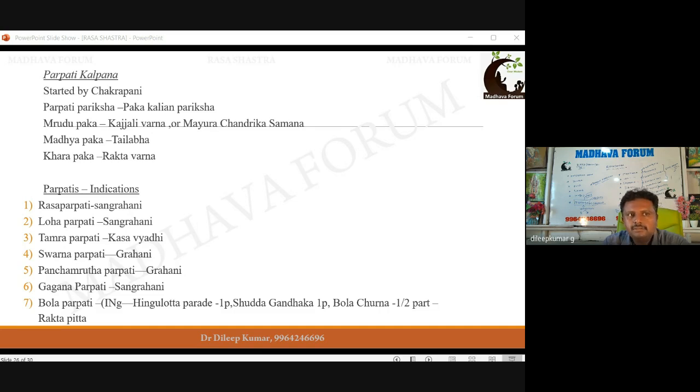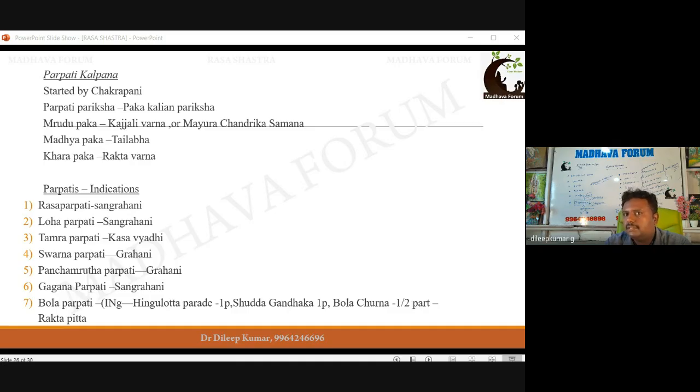One common thing we should know in Rasashastra: any Paka Lakshanas, Paka Kalina Lakshana, Paka Paschat Lakshanas in preparations of Rasas means it must be in Parpati. That question will come in the topic of Parpati.